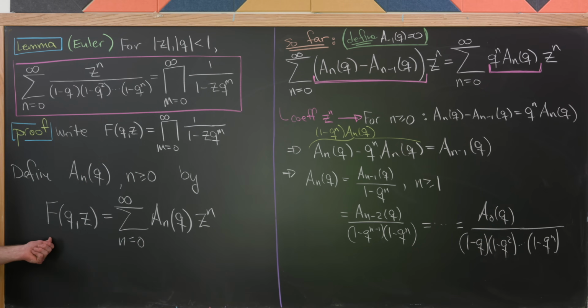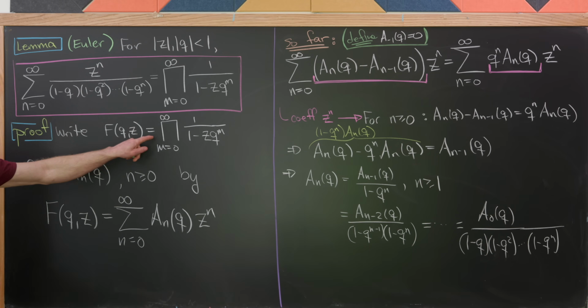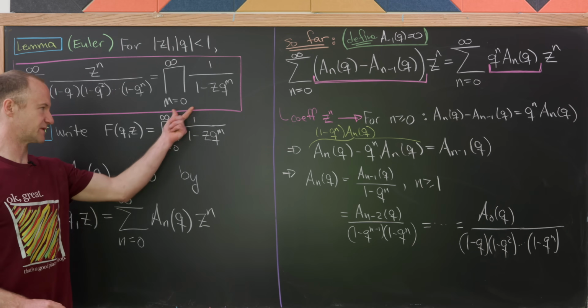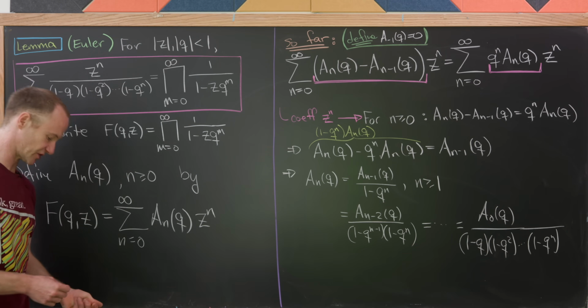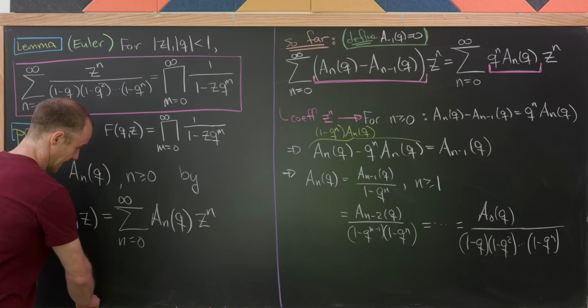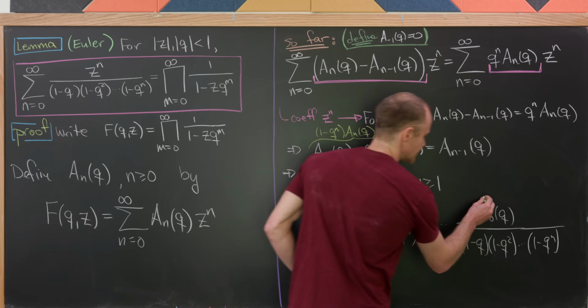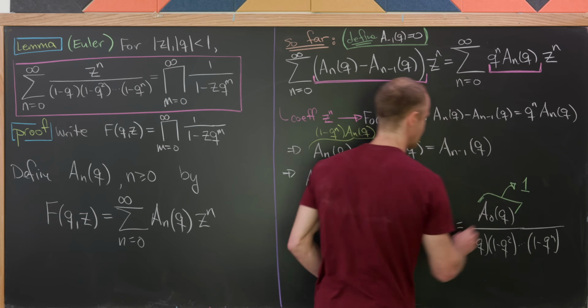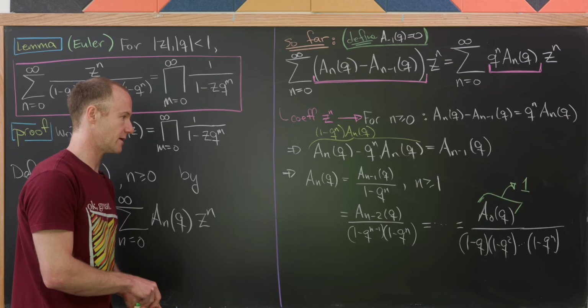Let's observe that a_0(q) is the constant term from this expansion. I think it's pretty easy to see that the constant term from this expansion is equal to 1, given the fact that you expand each of these as geometric series. So let's insert that. a_0(q) is in fact simply equal to the number 1.